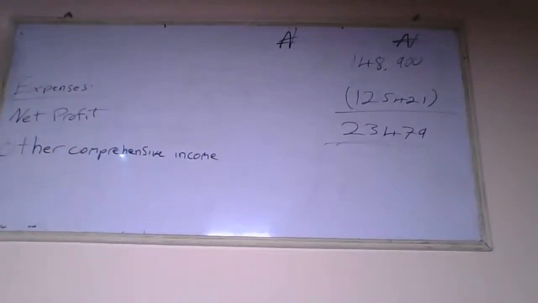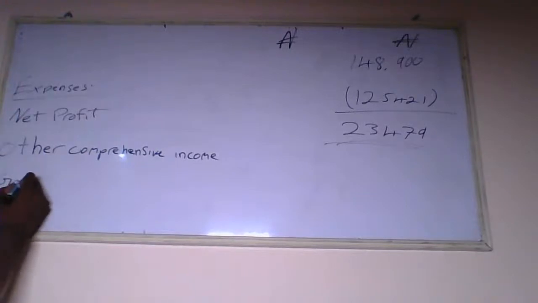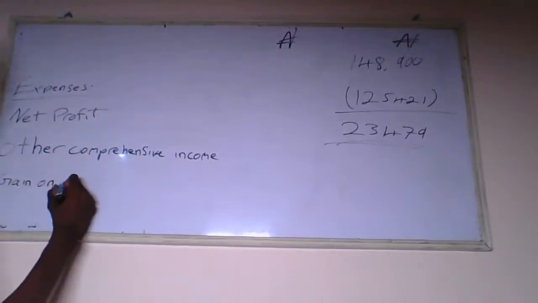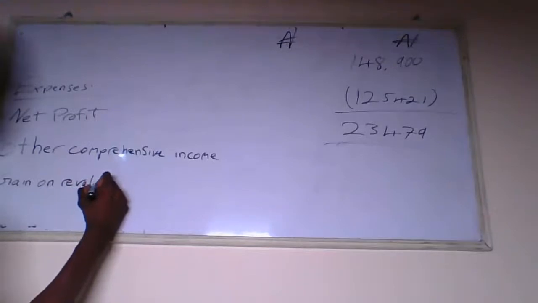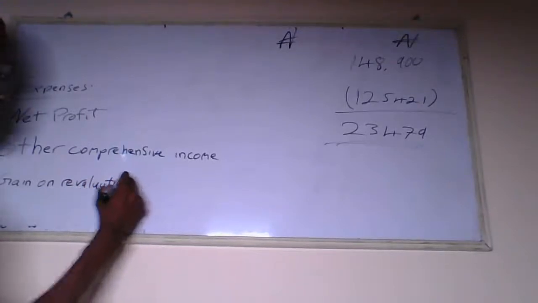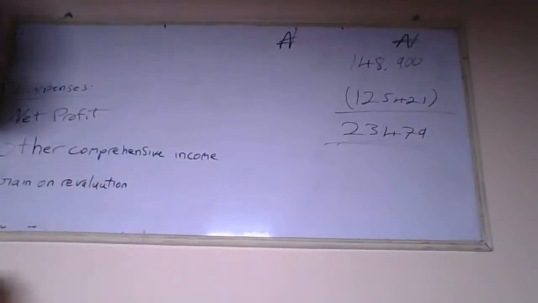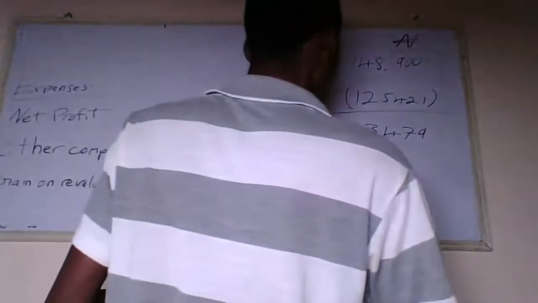So we're going to take the profit he made on it. So we're going to say gain on revaluation. So the gain on revaluation is simply the difference of the two amounts, that is 14,000.